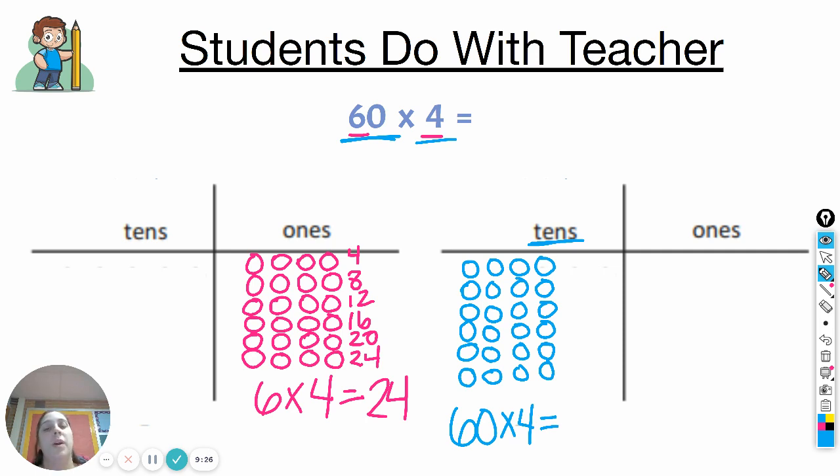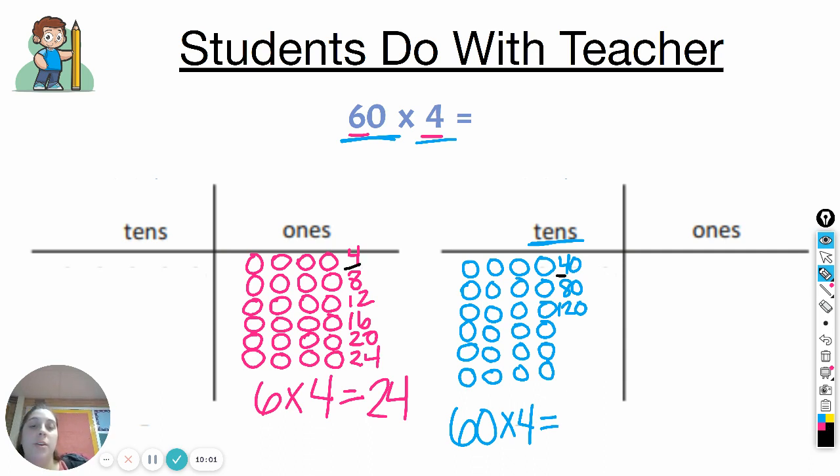So now that you have your array done, we can go ahead and skip count. And this would really be like 10, 20, 30, 40, 50, 60, 70, 80, 90, 100, 110, 120. And you might notice the pattern, right? Here we have 4.